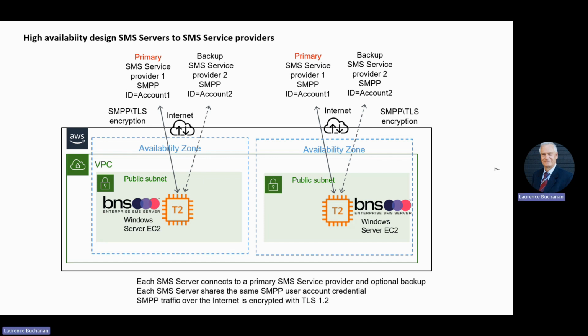What this software does is it will automatically check every 10 minutes or so and say, is the primary back up? If it is, it will flick back to the primary and then recommence transmissions using the primary SMS service provider. And of course, any inbound messages will come back via the primary for the primary allocated MSISDN.